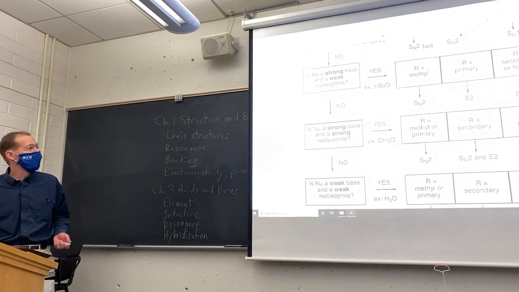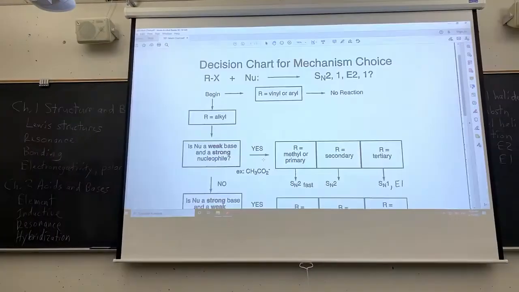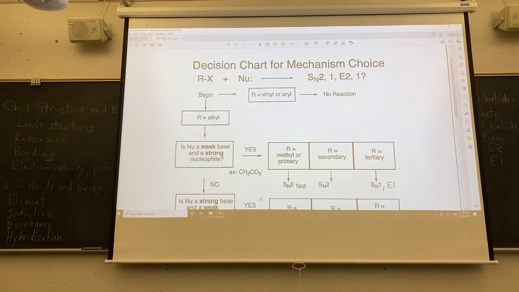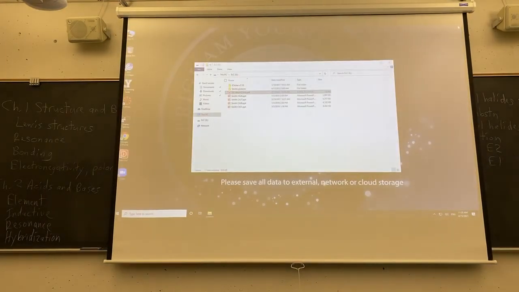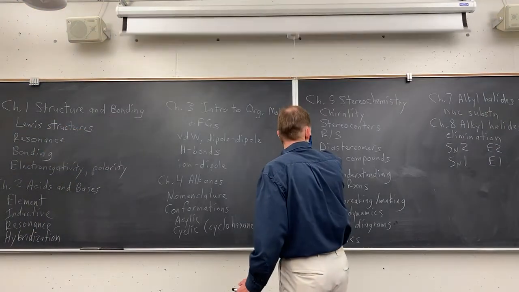And going through this chart, not memorizing it, but looking at it and making sure you understand the reason for the outcomes in each case is a sign that you have a good understanding of the concepts of substitution and elimination. All right, so we'll close that. Turn off the projector. Raise the screen and go back to the board.